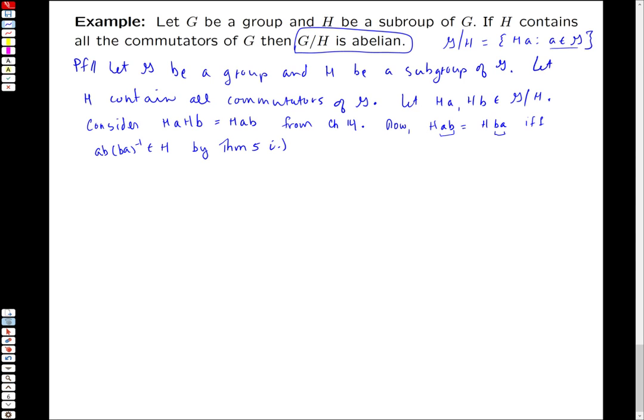Almost. ab, ba inverse is equal to ab, a inverse, b inverse. Element of H means what? The commutators. But that is how we defined H.